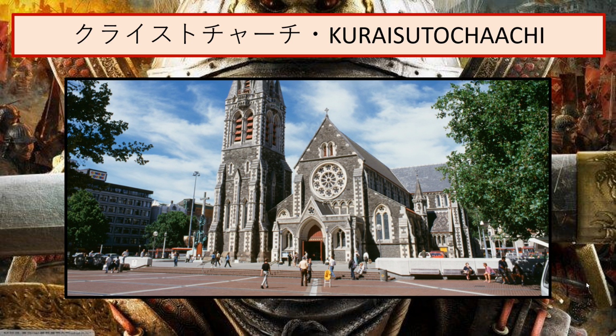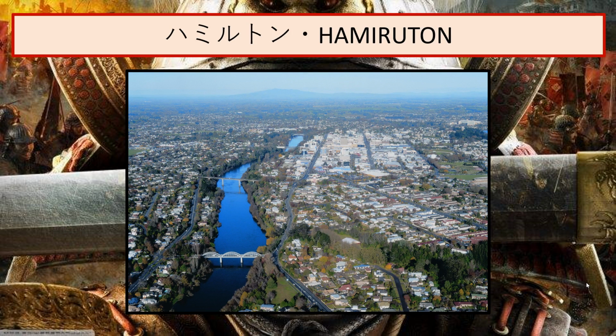Right, so Kuraisuto Chachi. So this is an old photo before the earthquakes hit it. いいですか? はい、次。ハミルトン。As we know, Hamilton, not far from Cambridge, just over the freeway and a bit.